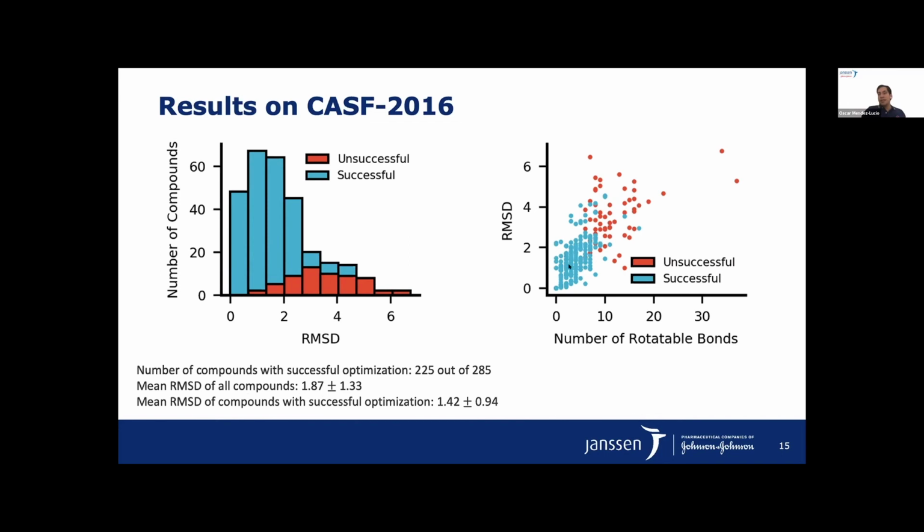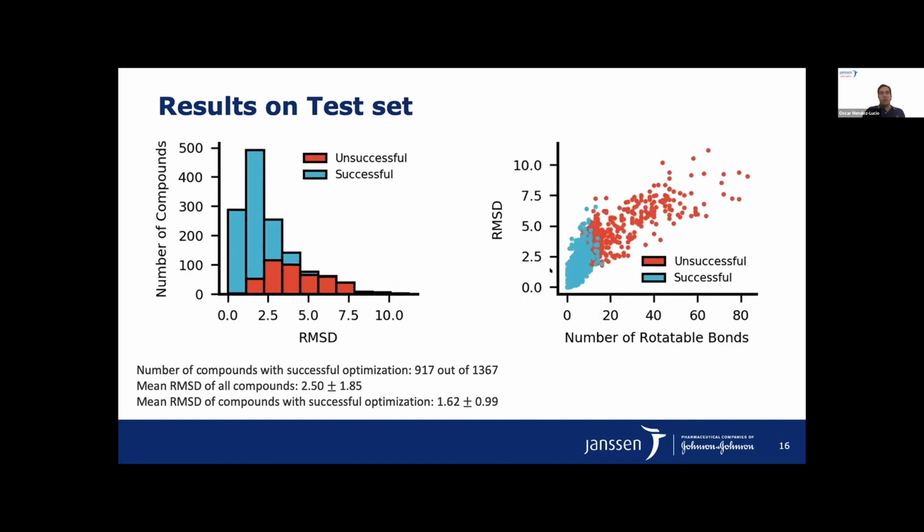Something interesting is that when we analyze why compounds are not finishing the optimization, it's because the ones that are very large with many degrees of freedom are very difficult for this particular optimization algorithm to really optimize. So we need more time or more iterations or simply another algorithm. We did similar tests with a test set, which was not included in the training set, of course.